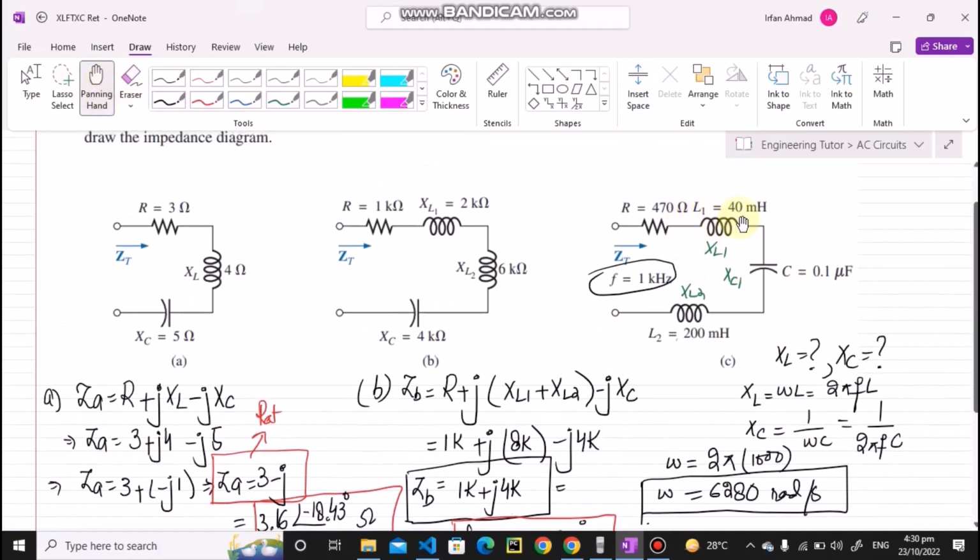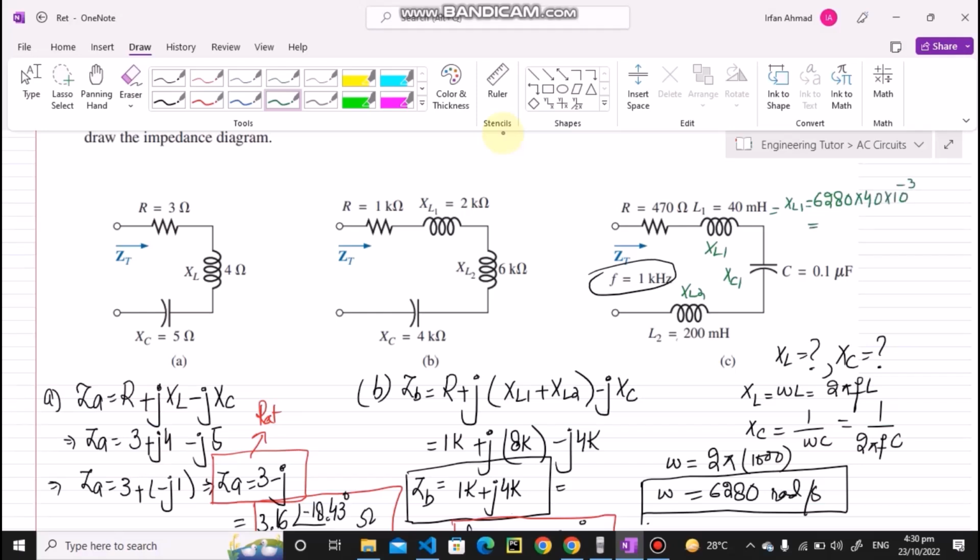The value of L1 is 40 millihenry. So the value of XL1 will be omega, 6280, multiplied by L1, which is 40 into 10 raised to the power minus 3.